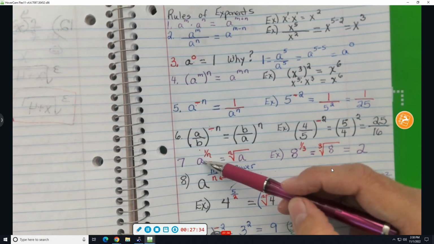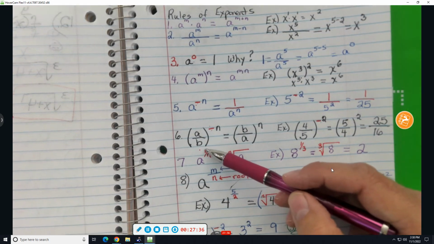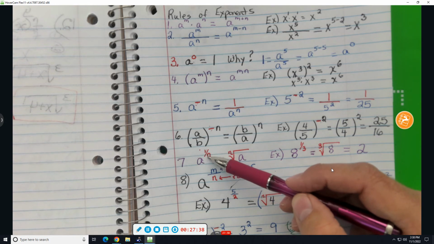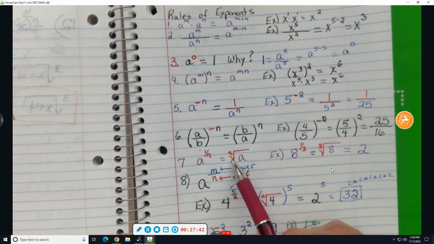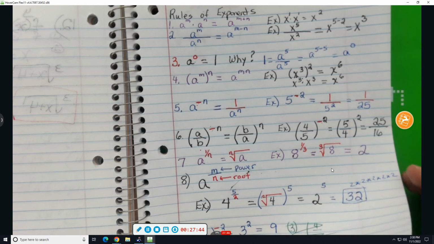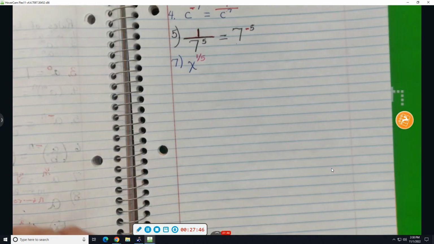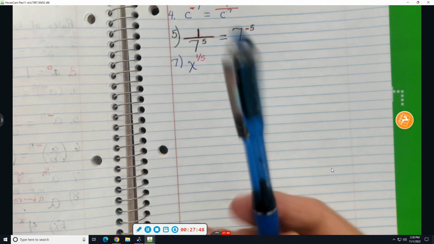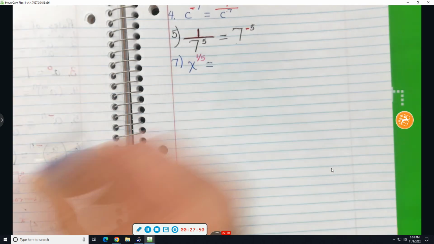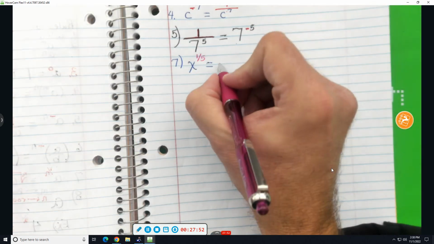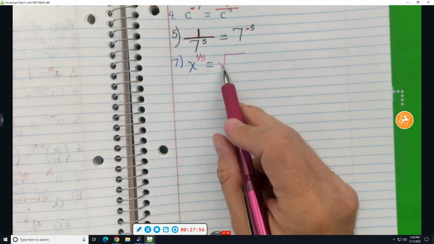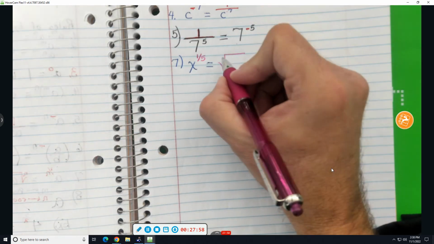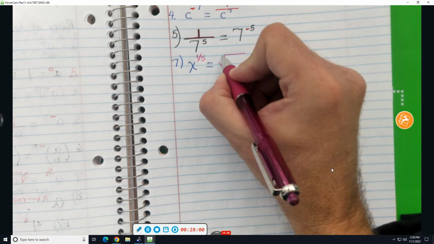Rule 7, if the exponent is in the form 1 over a number, then that's the same thing as an nth root. So for us, draw the root symbol, and what little number am I going to put right here?